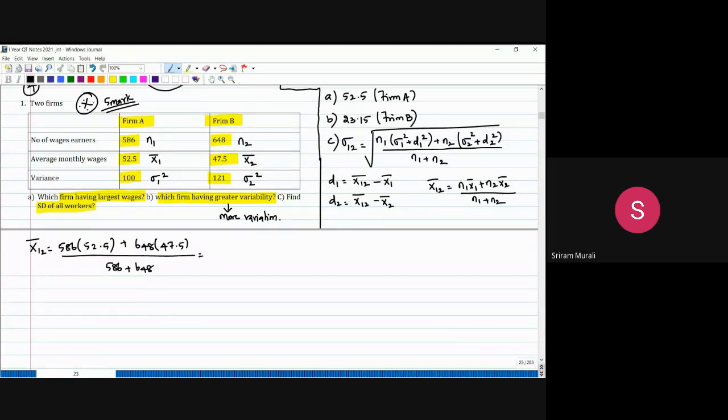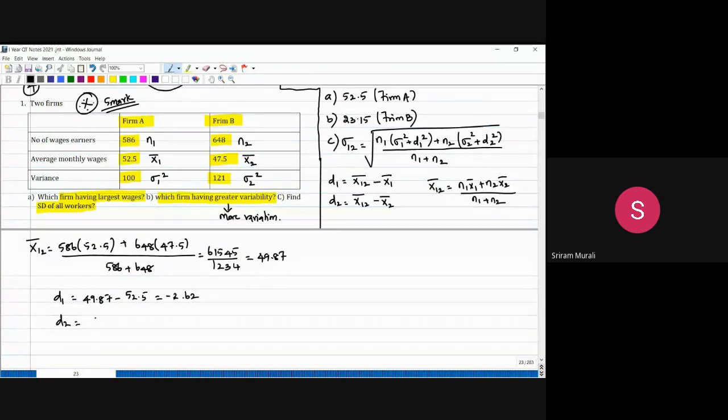This is equal to 6145 divided by 1234, that is equal to 49.87. So we want to find this D1. D1 is x1 2 bar minus x1, that is 49.87 minus 52.5, which is equal to minus 2.62.